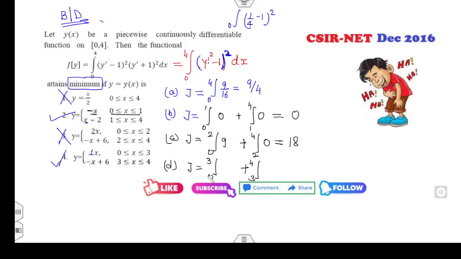When you substitute 0 to 3, the slope will be 1. 1 minus 1 is 0. Minus 1 whole square minus 1, 0. Now out of all these four values, which one is the minimum? The second and the fourth options are the minimum. So the right answer is again B and D.